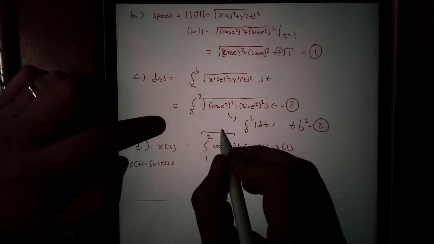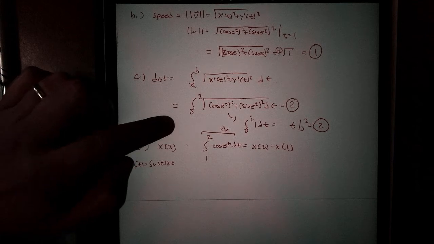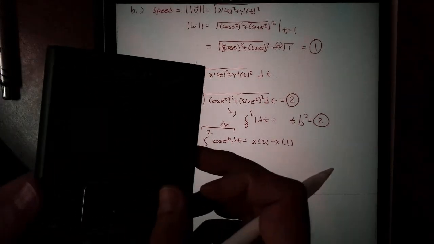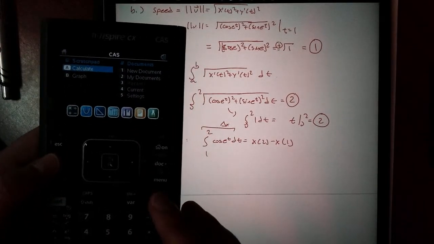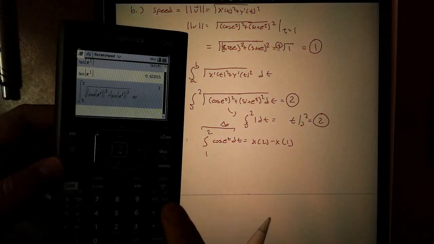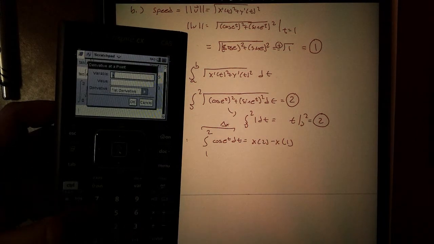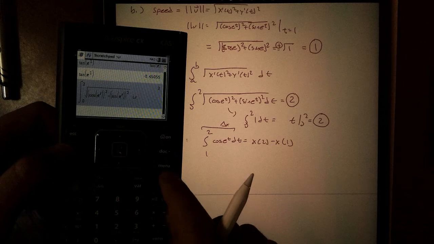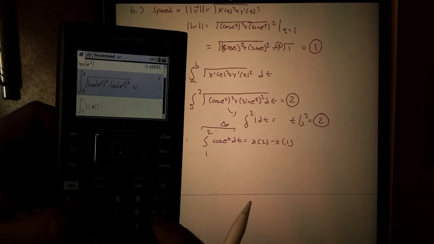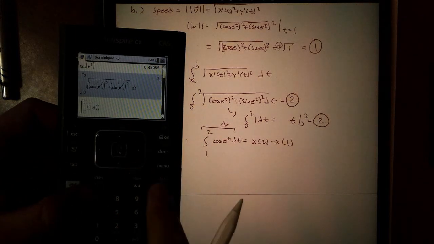Remember, this gives me my change in my x values. And again, I'm just going to type that in my calculator. Menu 4.3. Sorry, my old CX was menu 4.2 to get to the integral.